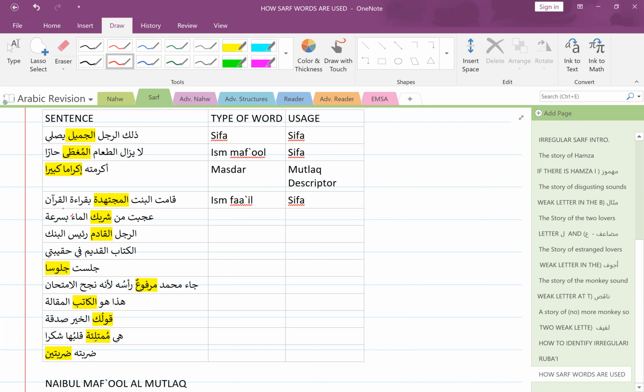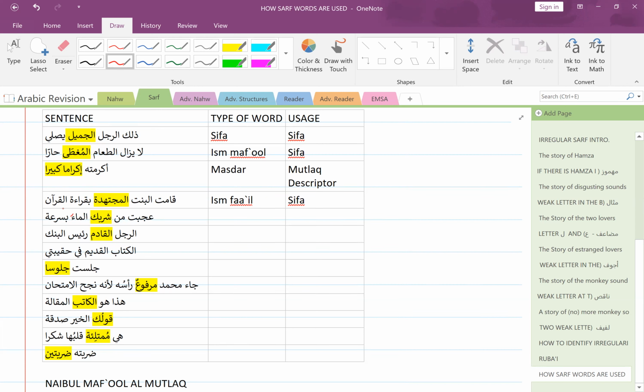The hardworking girl started. Qama, sometimes you can use it for starting to do something. So qamat B, especially when it comes with B, it has the meaning of to do something. So the hardworking girl began reading or reciting the Quran, or started reciting the Quran, something like that.